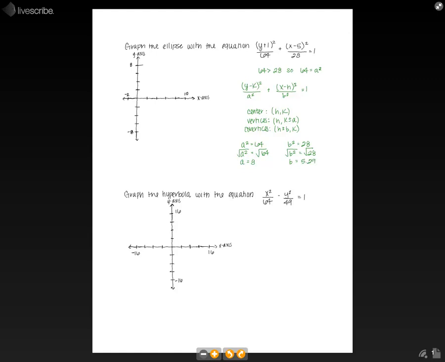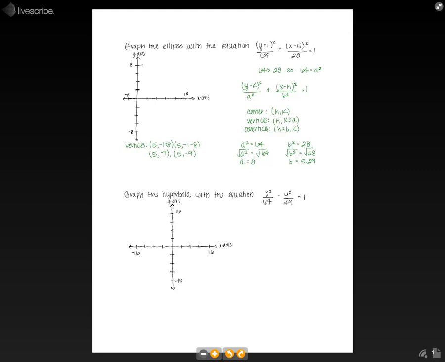From this information we should be able to calculate our vertices. Our vertices are going to be at 5 comma negative 1 plus 8 and 5 comma negative 1 minus 8. That's the same as 5 comma 7 and 5 comma negative 9.